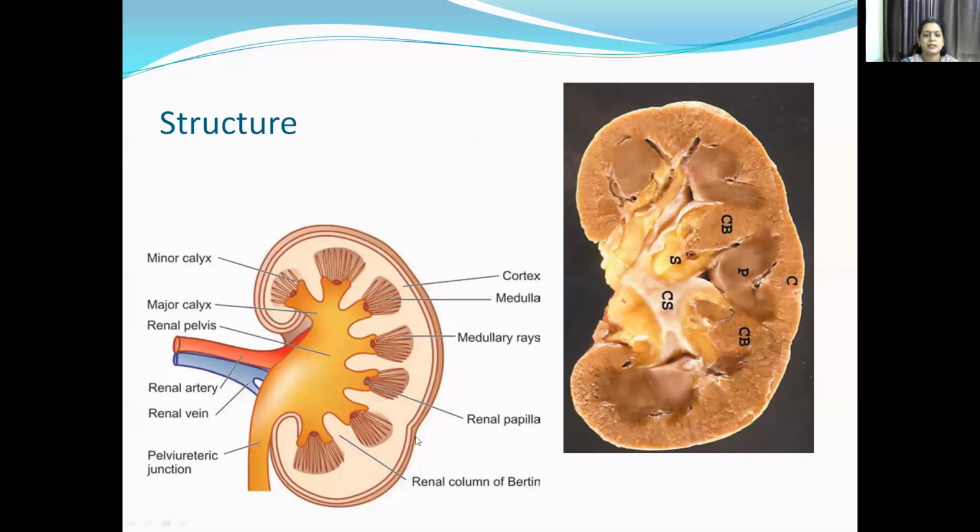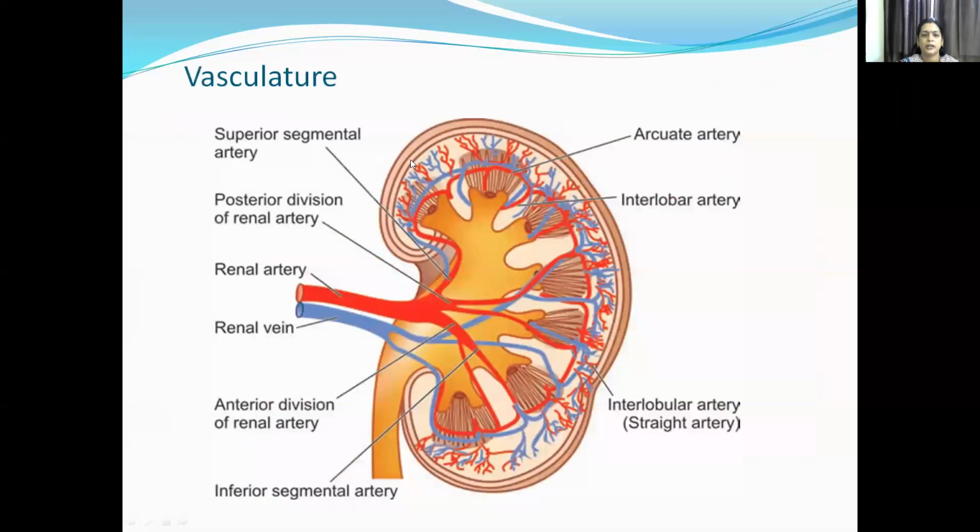Okay, and here this is the cortex and this is the medulla. So this is the capsule, the cortex and the medulla. The cortex and the medulla should have a proportion, and if there is any disproportion regarding the corticomedullary junction, then we can know that there is some disease involving the kidney.